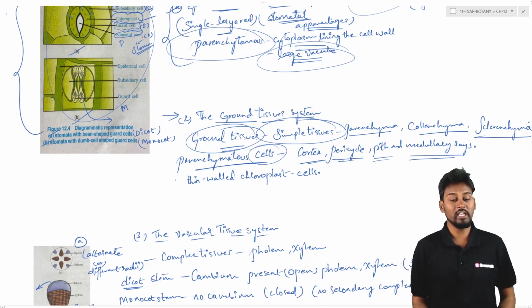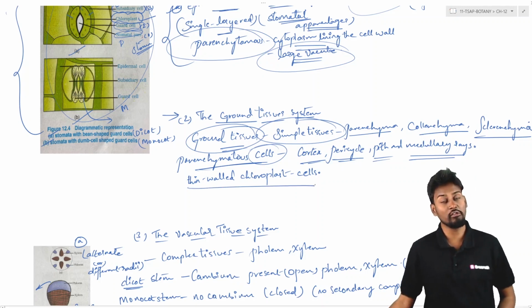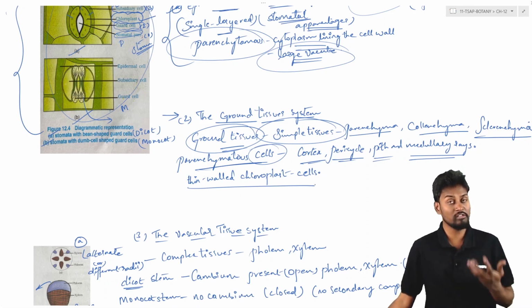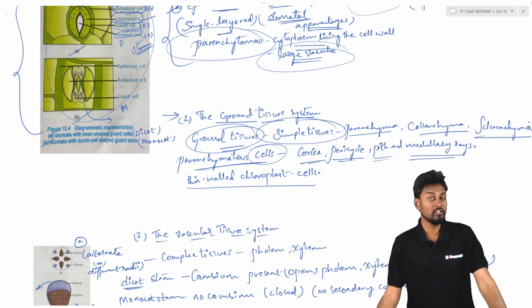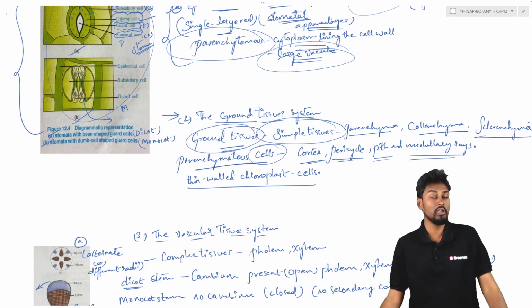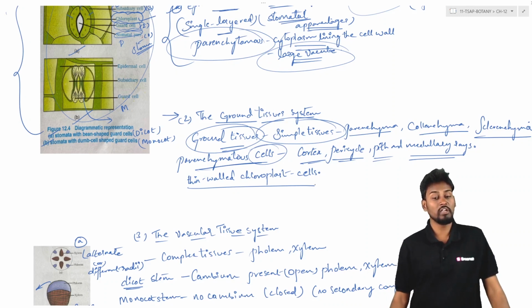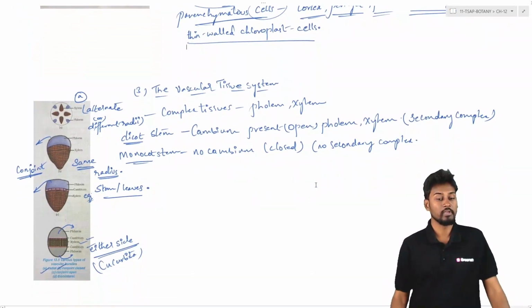Here these consist of thin cell walled cells, and also chloroplasts. So these thin cell walled cells consisting of chloroplasts are majorly involved in the assimilation process. So that is about the ground tissue system.